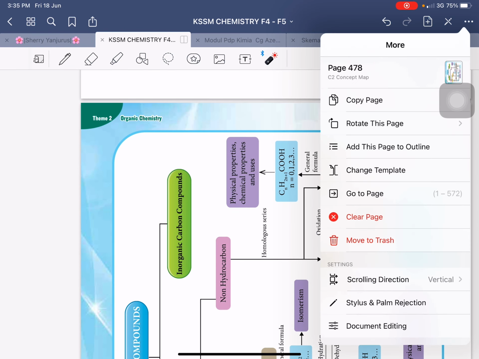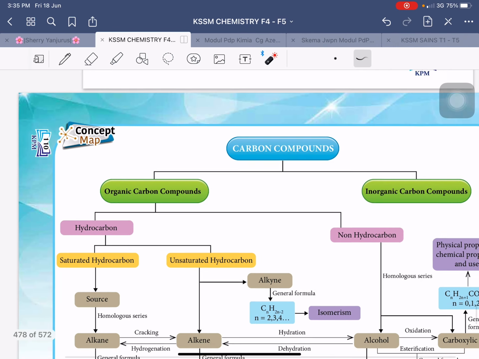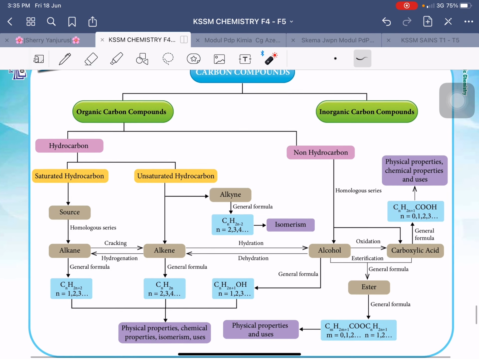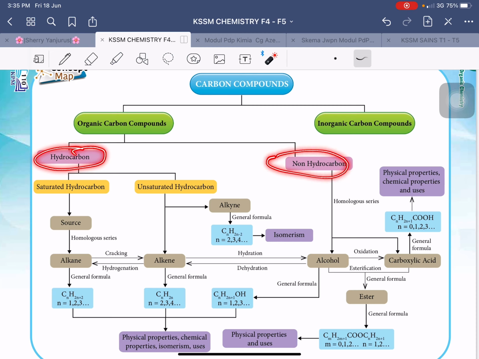So we have learned chapter 2, carbon compound. So we are finished with this already. Let me recap what we have learned so far. In this chapter, the big carbon compound, we have learned about organic and inorganic compound. So in this Form 5 syllabus, you are focusing on organic only. Organic has 2, hydrocarbon and non-hydrocarbon.